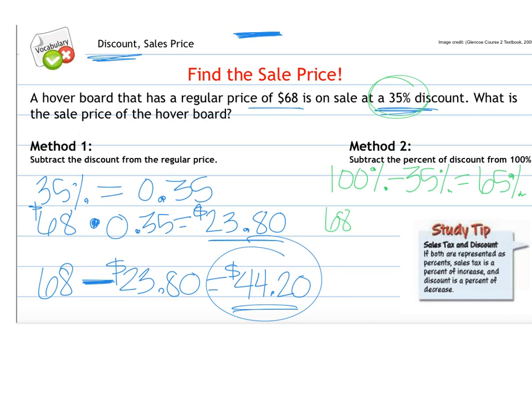So we do 68 times 0.65, and just to double check that it's the same, I get 44.2. I add that 0 because it's money, and my dollar sign.